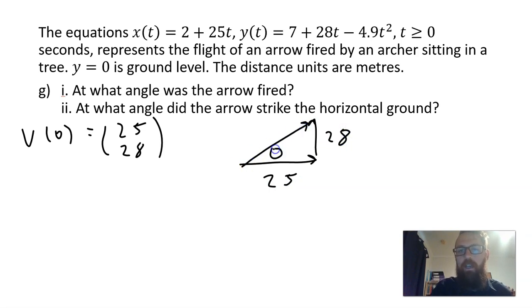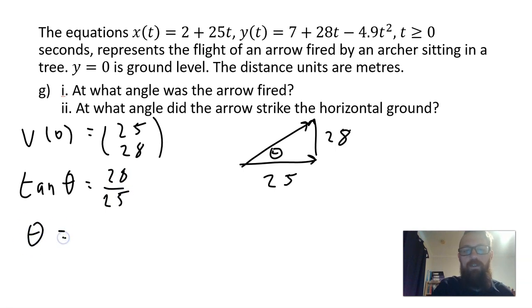And we're interested in the angle. So we have the opposite and the adjacent, so we're interested in tan. So tan of theta equals opposite 28 divided by adjacent 25, and hence angle theta equals the inverse tan of 28 over 25. And we just put that into our calculator.